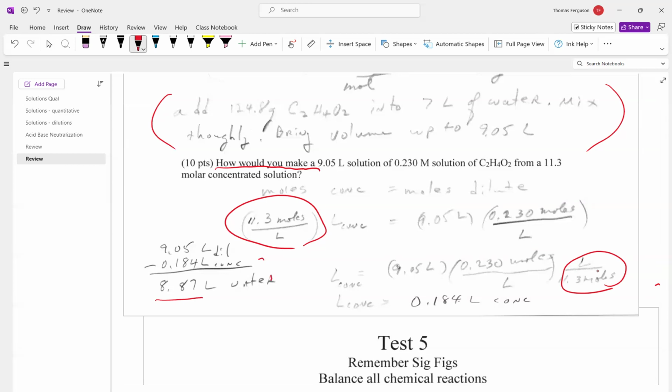The solvent in 1A and 1B and 3A, all of them, is always going to be water, but it can be other things as well. I just assumed it's water. Well, the water is the solvent.